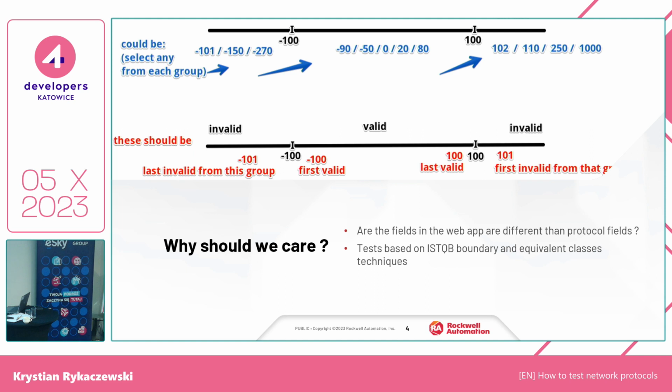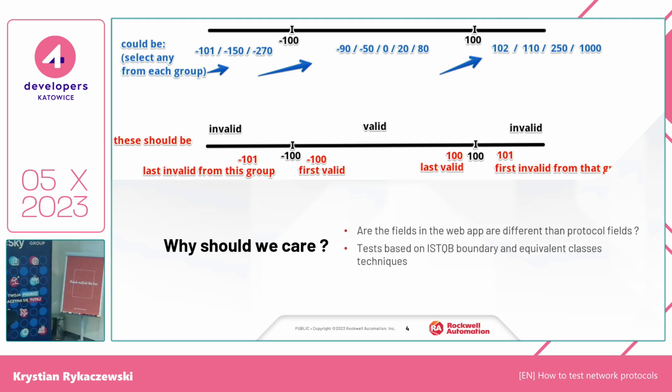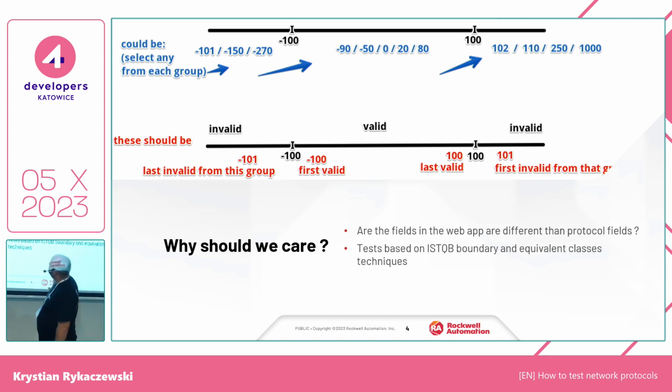Okay, so how to test? When we think about classic functional tests, we think about the ISTQB approach, which very often is based on equivalent classes and boundary values, and by this analogy, we can also think about protocols.